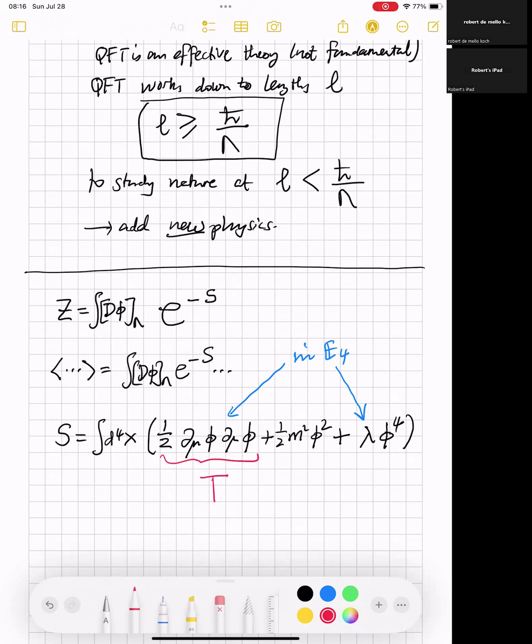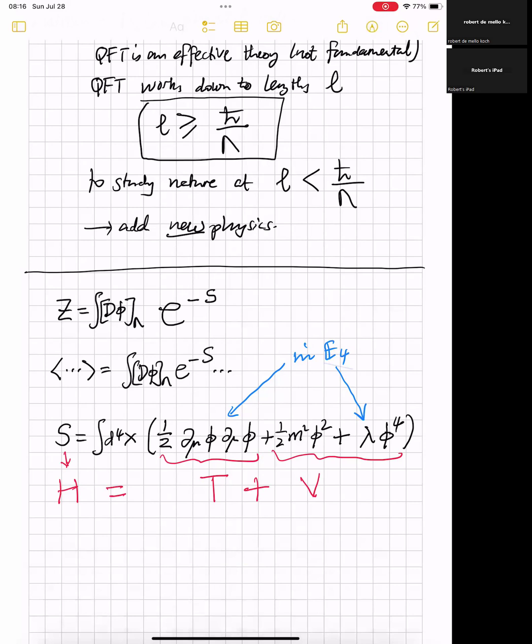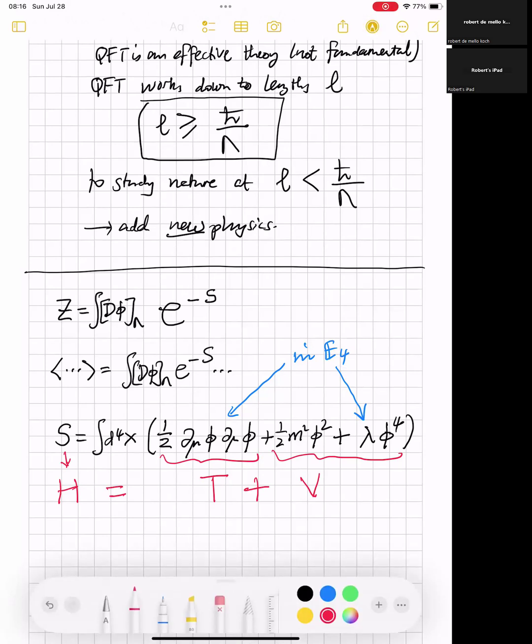This term over here really does look like a potential term. But in Euclidean space, we're not taking the difference between them, we're adding them. So what we're calling the action actually looks like a Hamiltonian, okay? So in Euclidean space, the Euclidean action is really something more like a Hamiltonian.